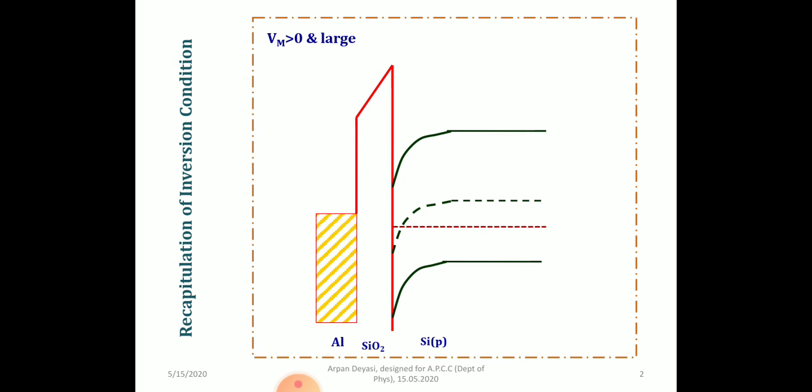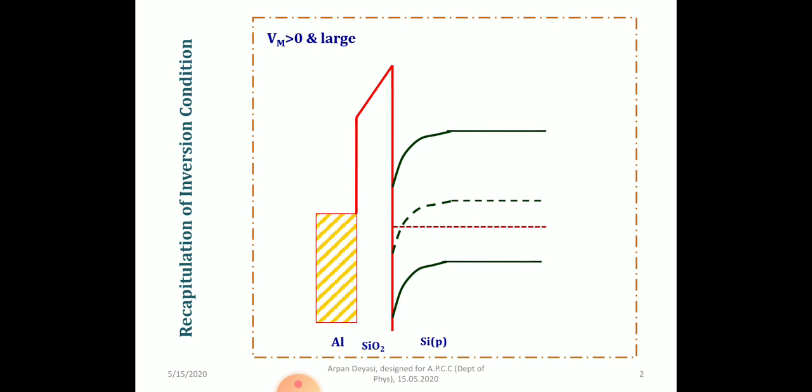And how is inversion reached? The inversion condition is reached if the intrinsic Fermi level crosses the extrinsic Fermi level after bending. That means we have to reach the point of inversion. Why? Because if we have to invert the p layer, it should become an n layer. Naturally, we have two types of doping.